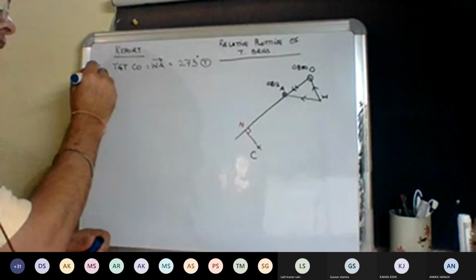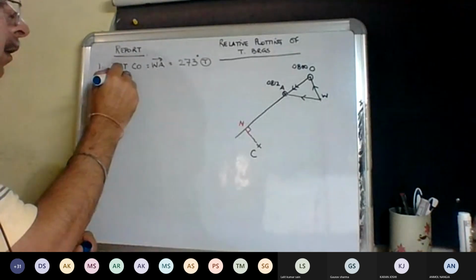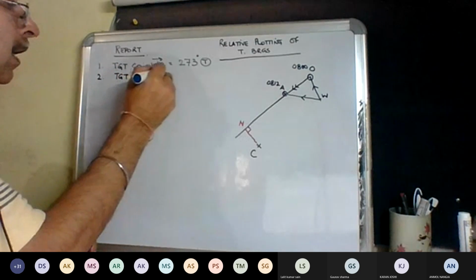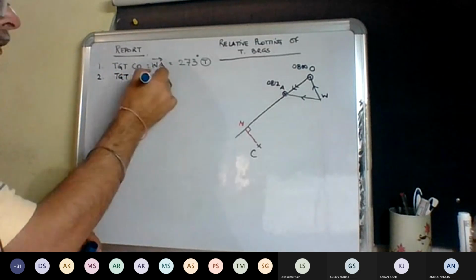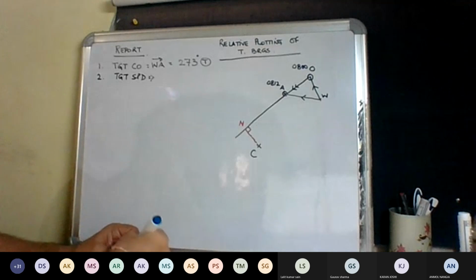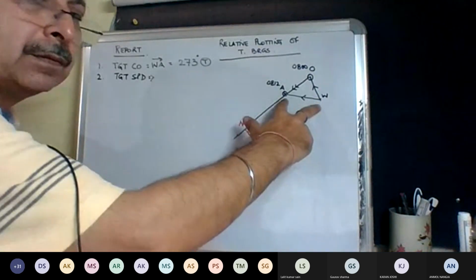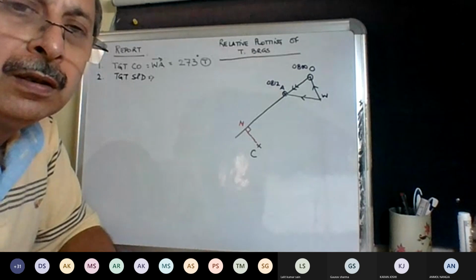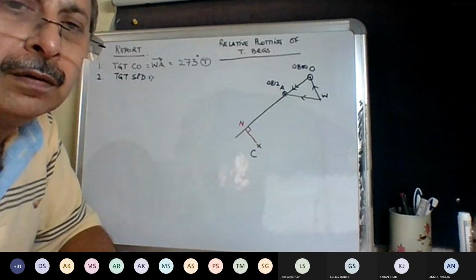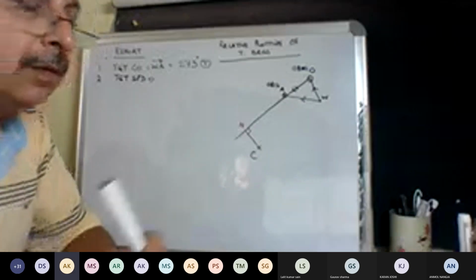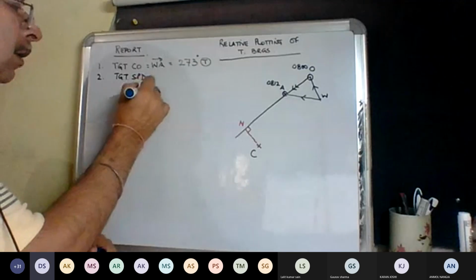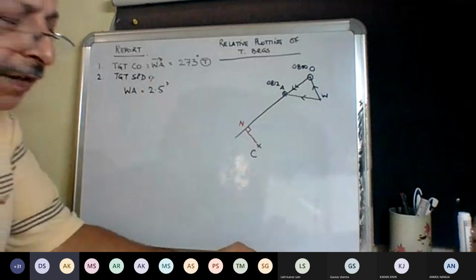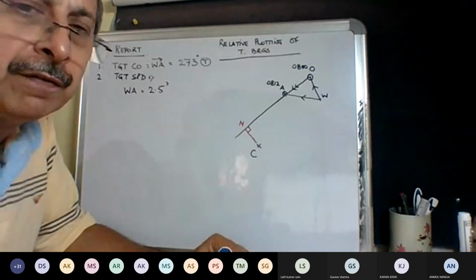So that is your first one. Next, target speed. Now measure WA. Supposing you get 2.5 miles, or 2.6, whatever.